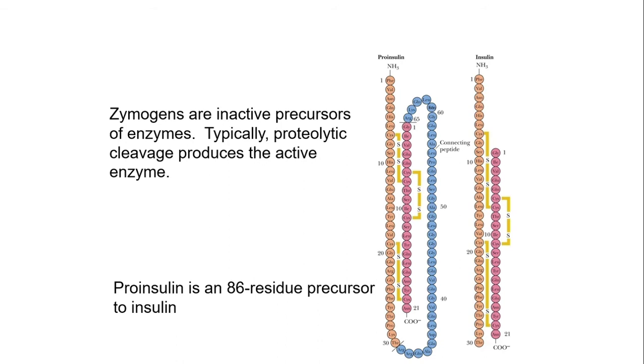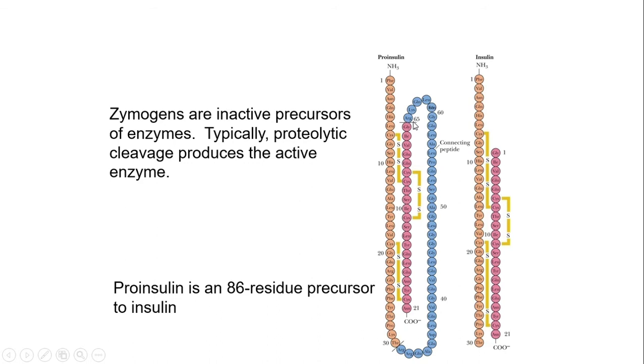I mentioned also zymogens. These are inactive precursors, or another word for them is proenzyme. And they require a proteolytic cleavage to produce that active enzyme. So what we're looking at here for an example is proinsulin. It's an 86 residue precursor to insulin. There's a proteolytic cleavage that occurs between, or at, I should say, residue 31 here, or in between 30 and 31, and another at 65 here.